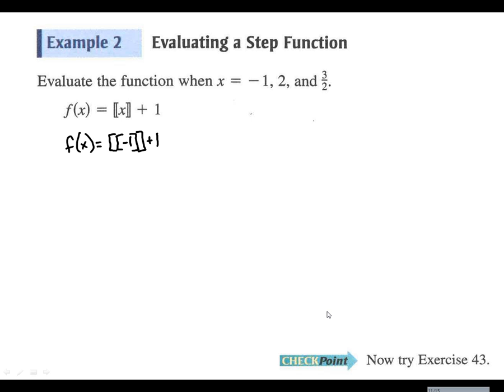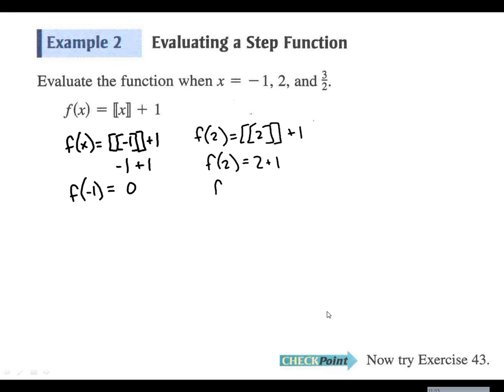If there's no decimals, then it's just the -1, and we add 1 and we get 0. So f of -1 equals 0. If we plug in 2, are there any decimals that we have to worry about here? No, so it's not going to affect it at all. f of 2 equals 2 plus 1. f of 2 equals 3.